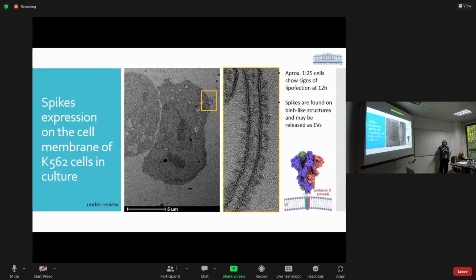We observed after 12 hours that some very few cells exposed on the surface. This image here is a magnification from this one. Few cells exposed on the surface some spike proteins, which could be in a living body exposed to the immune system and trained to generate antibodies.